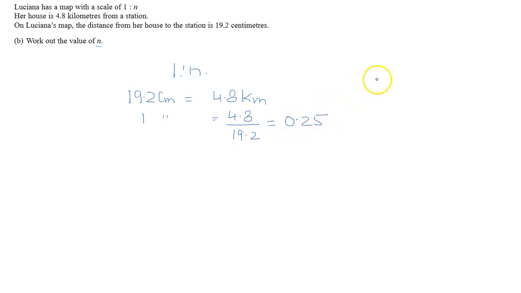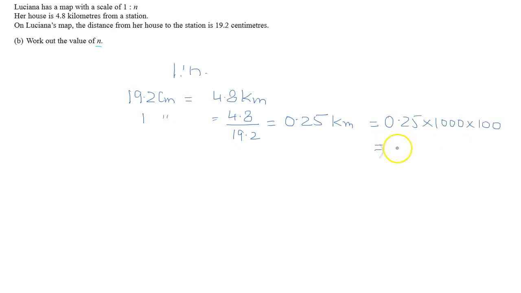Now this 0.25 is in kilometers, and when 1 is in a centimeter, both units must be same. So we convert it into centimeter. So that is 0.25. To convert it into a meter, we multiply by 1000. That is in meters. Now multiply by 100.